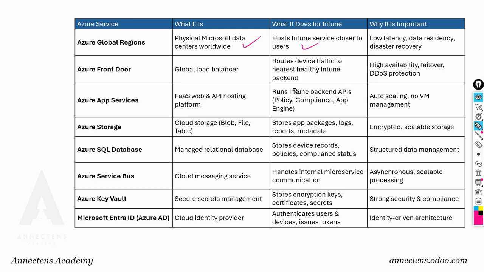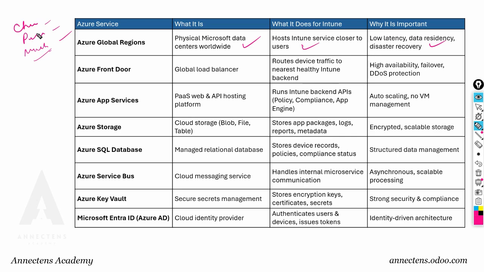If I'm sitting in India, I don't want my data centers to be in East US, Central US or West US. I want something nearby, and that's why we have options called Chennai, Pune, and Mumbai. These three data centers are nearby to me. This helps me with low latency, data residency and disaster recovery as well.